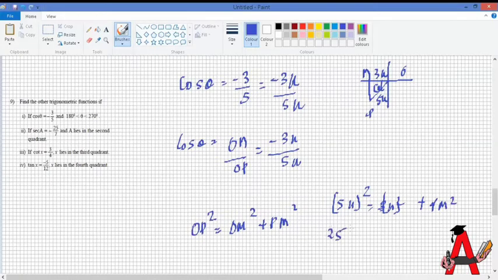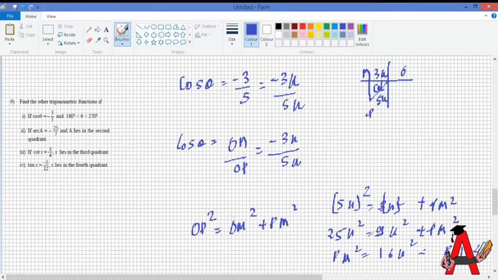This is equal to 25k square is equal to 9k square plus PM square. If you solve this, you will get PM square is equal to 16k square. Therefore, PM is equal to 4k. So you will get the other side.